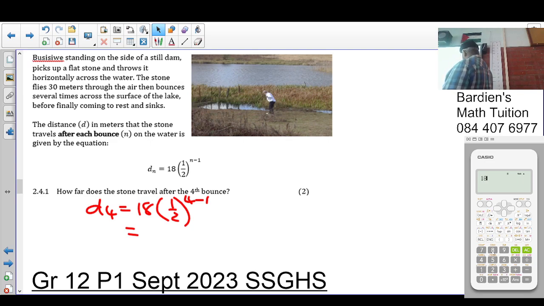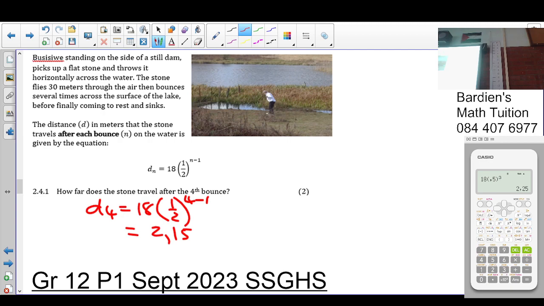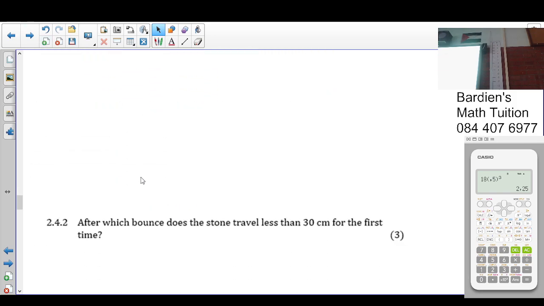So it's going to be 18 into 0.5 to the exponent 3, which is 2.25 meters. Okay. So let's go to the next question.